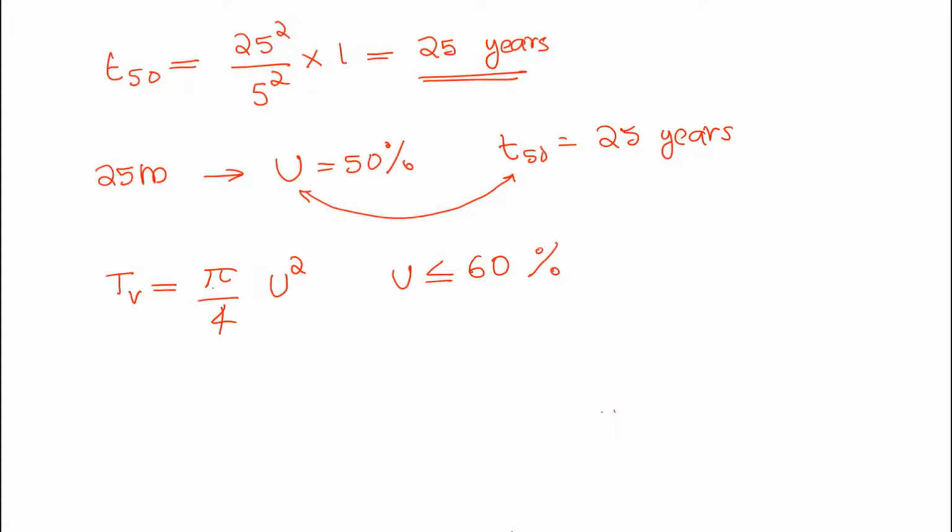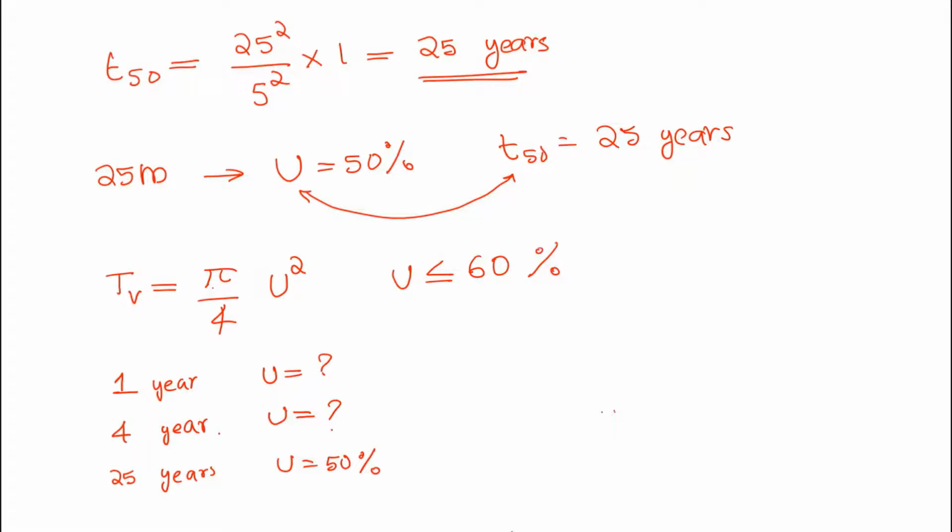See, we are asked to find what the settlement is after 1 year and 4 years. But we don't know the degree of consolidation for 1 year and 4 years. But we found that it will take 25 years to get 50% consolidation. Means what?